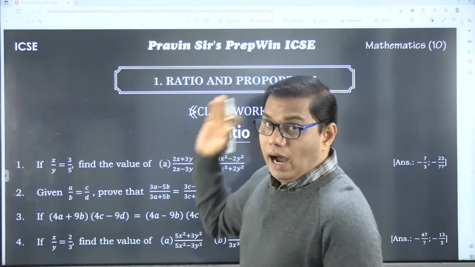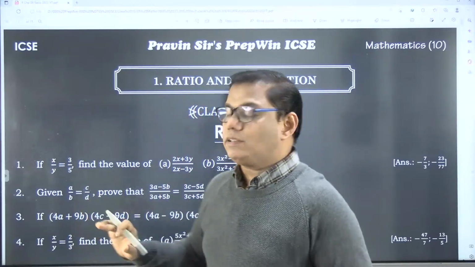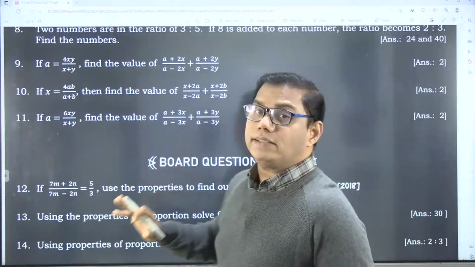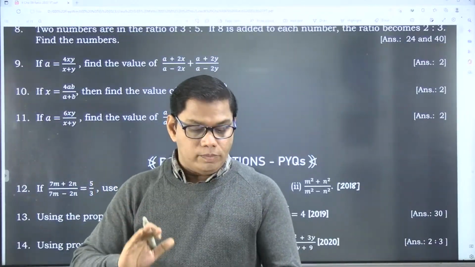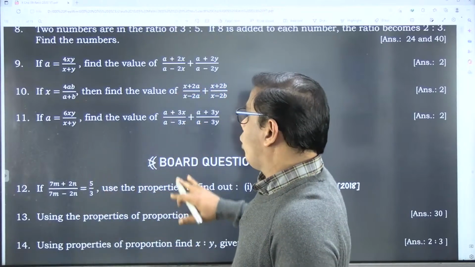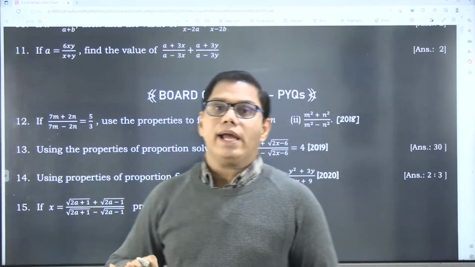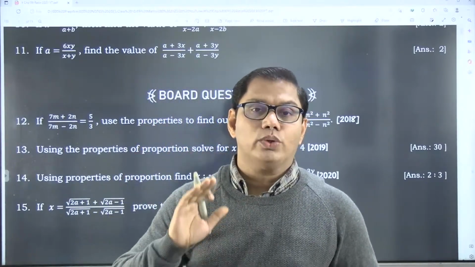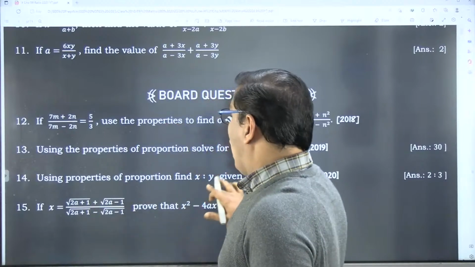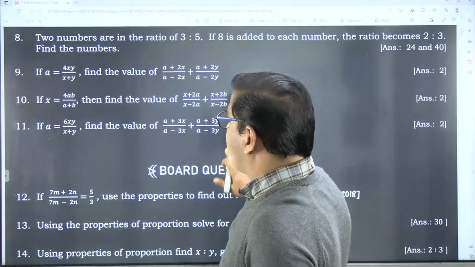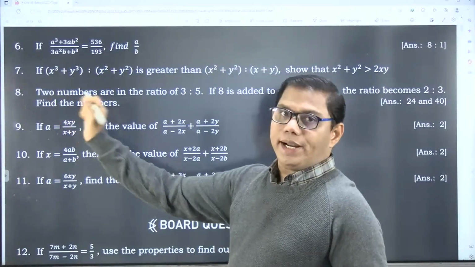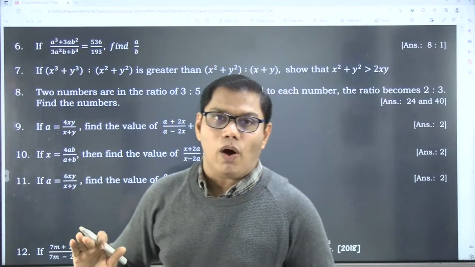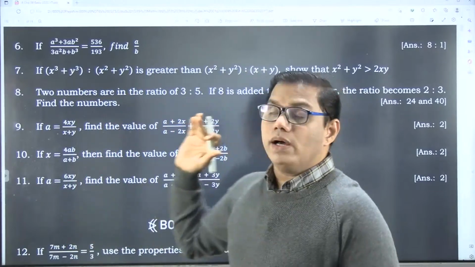One thing again I would like to repeat: these 15 questions cover the entire syllabus. What is omitted from ratio and proportion? Application based questions. Some teachers and students read it wrongly, thinking application based means word problems. No. See, question number 8 is a word problem, two numbers are in a ratio, but this is not deleted because it is related to numbers.